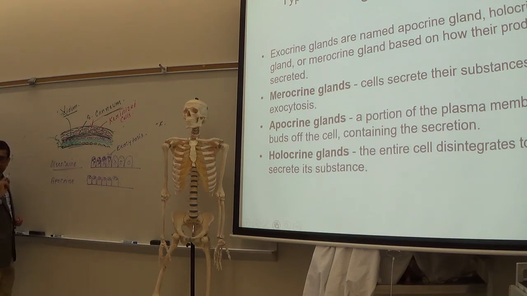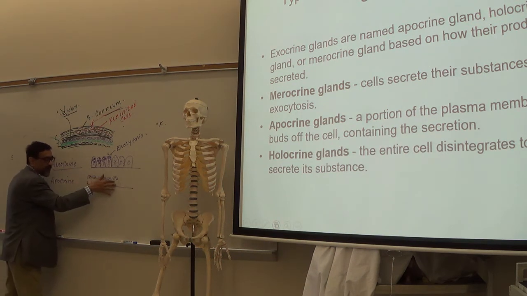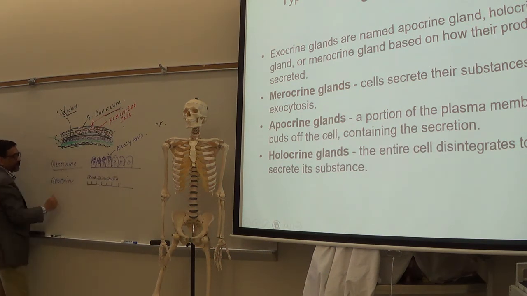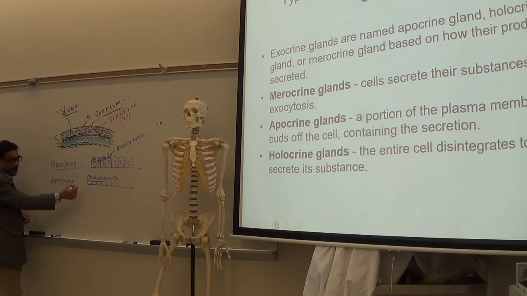And then, this is interesting, you see what happens next? The whole upper portions of the cells are shed, detached from the lower part. The upper part gets separated from the bottom part, and the chemicals get out.